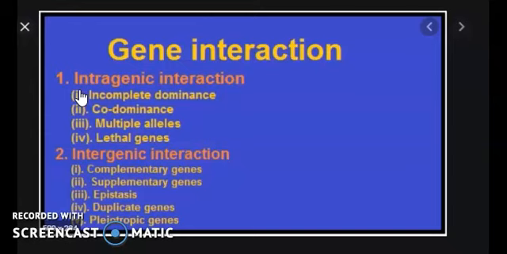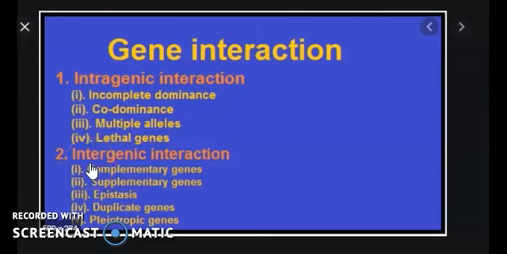This interaction occurs between the two alleles of the same gene. It produces a phenotype different from the normal dominant recessive phenotype. Common intragenic interactions are incomplete dominance, codominance, multiple alleles, and lethal genes.